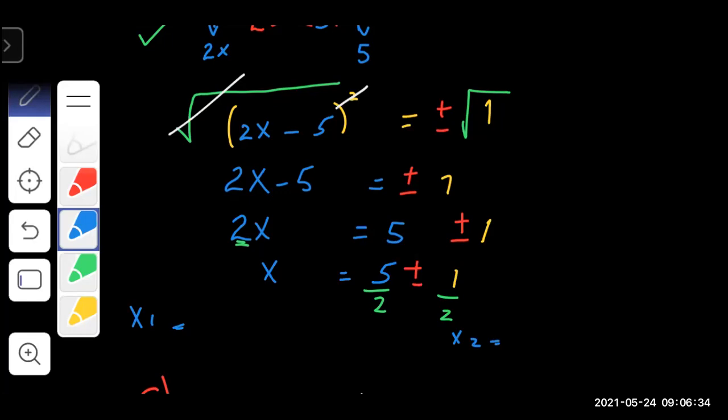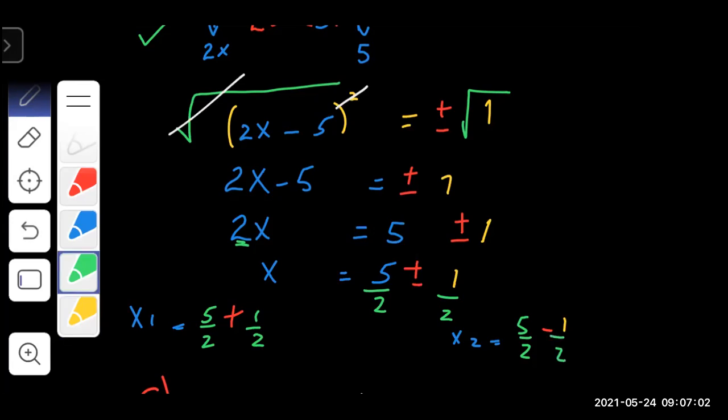Just to make this look better. So 5/2, 5/2. We're gonna take the positive here, positive 1/2. And then we got the other one, which is 5/2 minus 1/2, right?